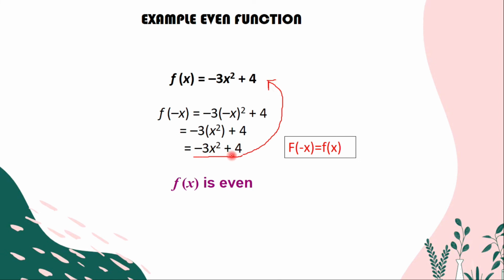So this sign is not changed. So when f of negative x equals f of x, it is proven that this function is an even function.